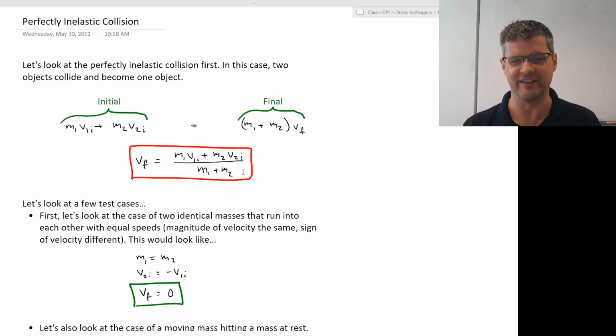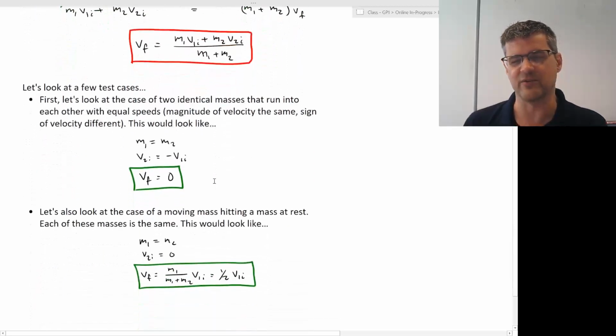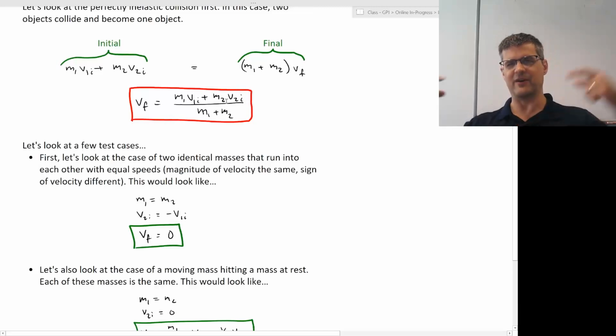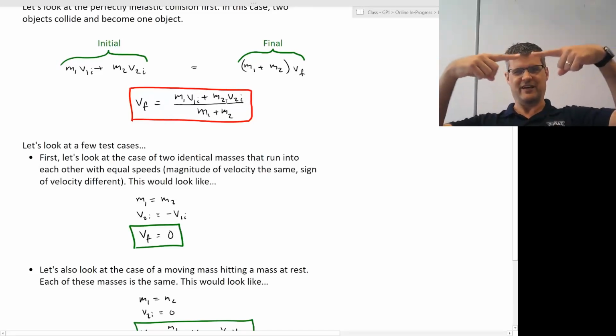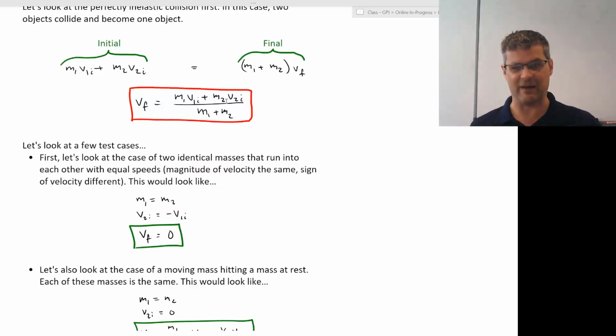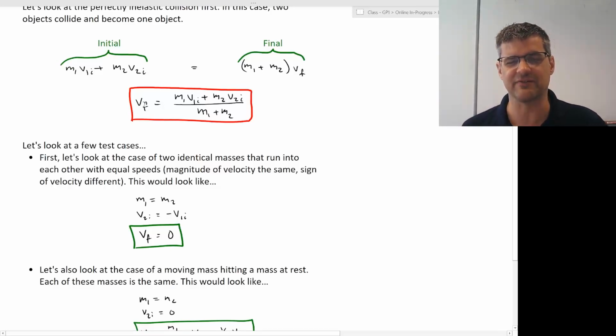Or algebraically, this is a setup that looks at a simple scenario. Looking at this expression, if we had two masses that were identical, m1 and m2 the same, heading directly towards each other at the same speed in opposite directions, so they have opposite velocities, we see that the final velocity when the two objects become one object is going to be equal to 0.